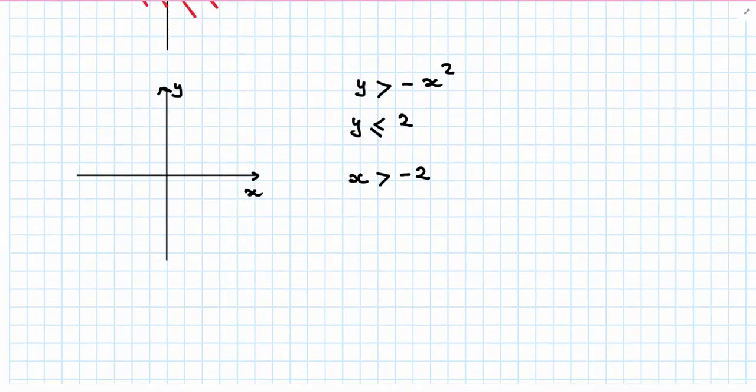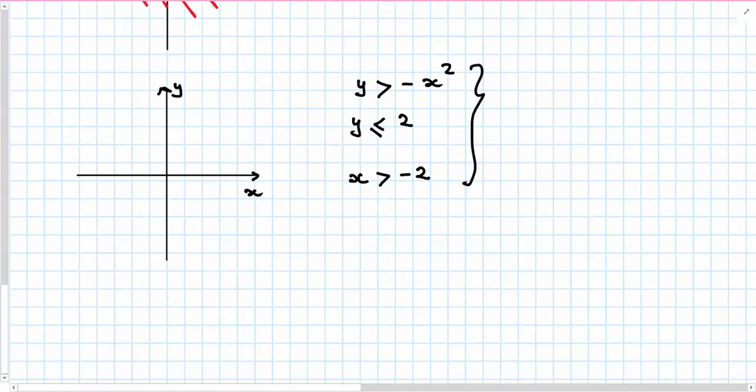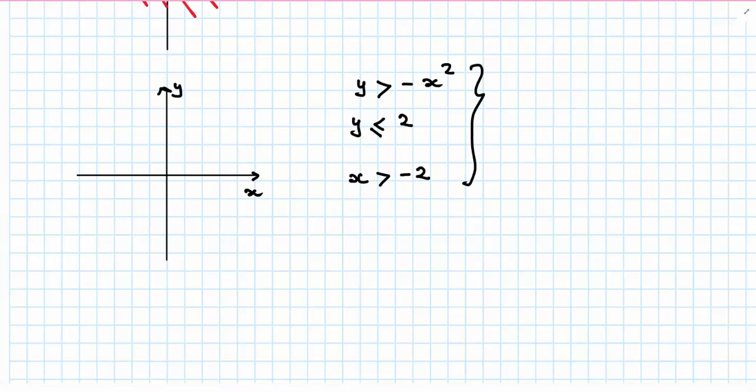So I have 3 inequations, and we want to find the region that satisfies all 3 at the same time.